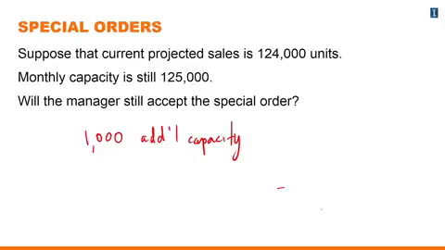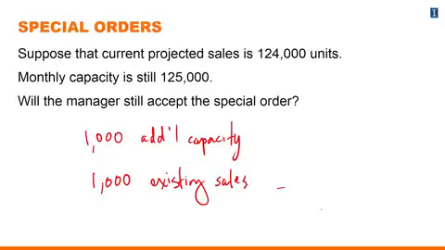But another 1,000 would actually cannibalize existing sales. Currently, we're projecting 124,000 units in sales, and we only have capacity for 125,000. So 1,000 is irrelevant. You can use the available capacity. But if we were to complete the whole 2,000 unit order, we would have to take away from existing sales.